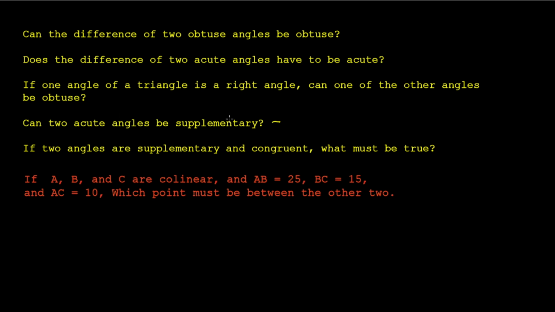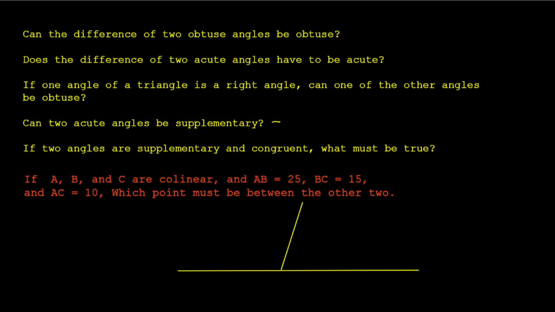So these next two questions we're going to do individually, but they're a bit of a tandem question. Can two acute angles be supplementary? So again, let's draw ourselves a picture. Supplementary angles add up to 180. Let's say we do that. Acute, obtuse. Okay. Fair enough. Let's raise the angle up a little bit more.